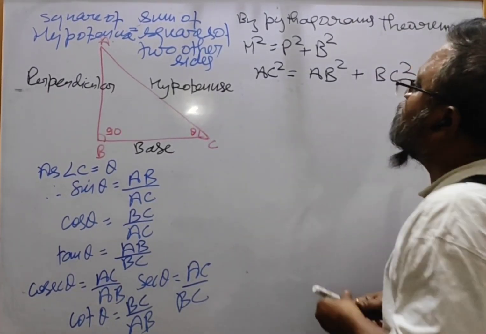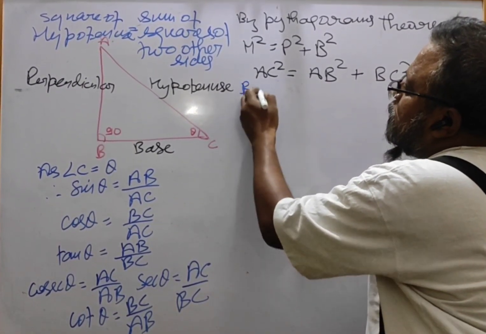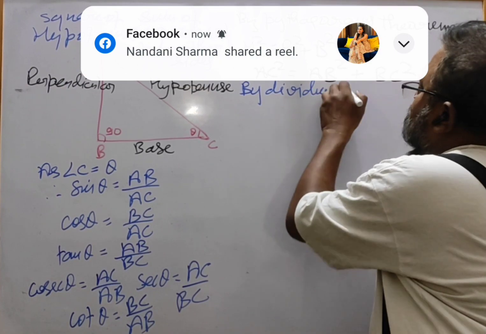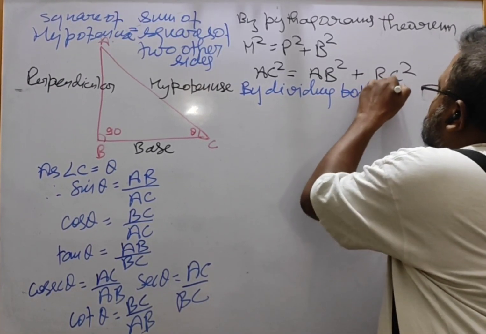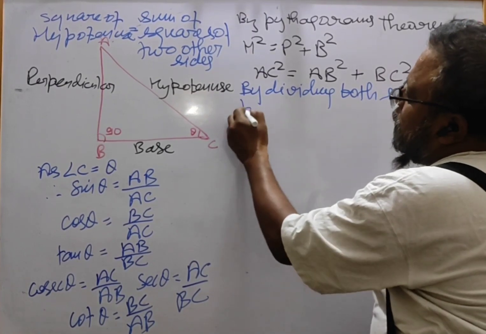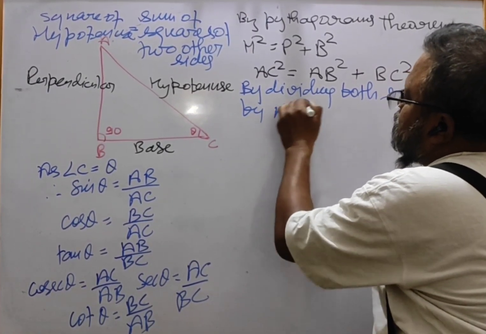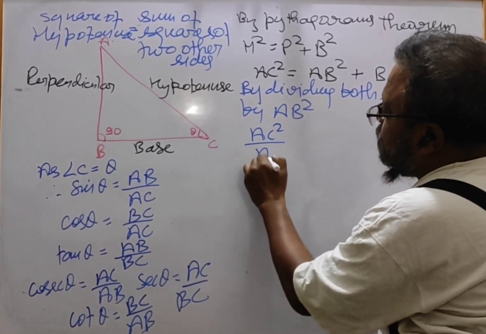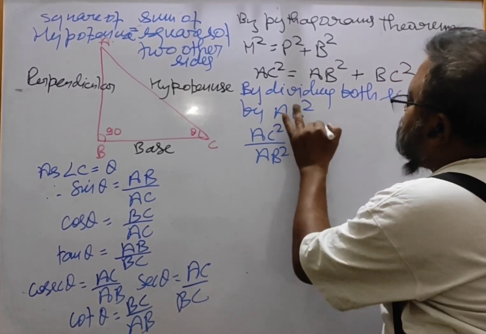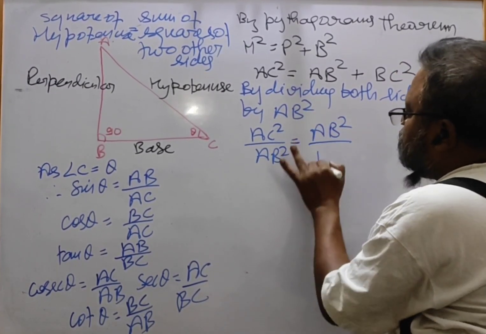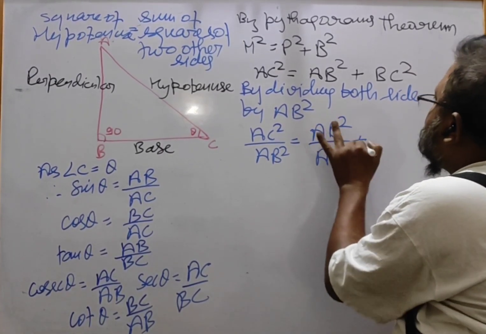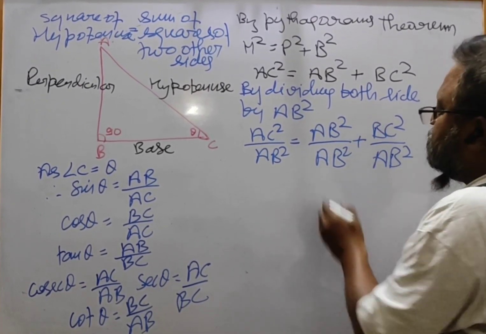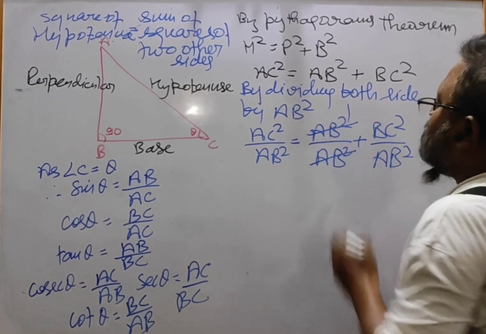So now by dividing both sides by AB square, then what happens? AC square upon AB square is equal to AB square upon AB square plus BC square upon AB square. This AB and AB cancel out, you get 1, right?